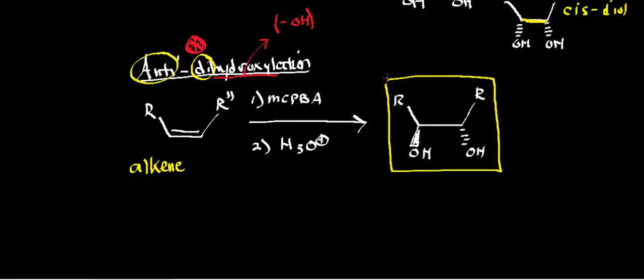Now, when you do an anti-dihydroxylation, this is one of the reactions that's going to have to happen in two steps. This first step, this is the first reagent. I've written MCPBA. We're going to go into what that is in just a minute. But suffice it to say for now, this is what we call a peroxy acid. Now, what's the function of a peroxy acid?